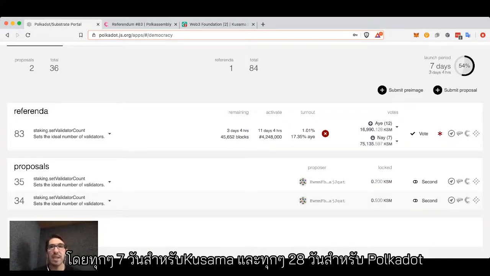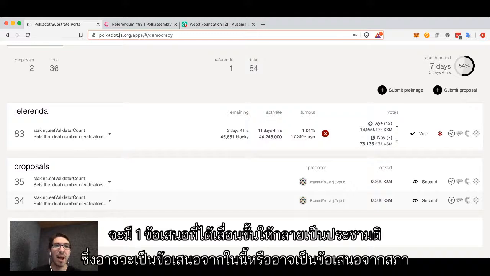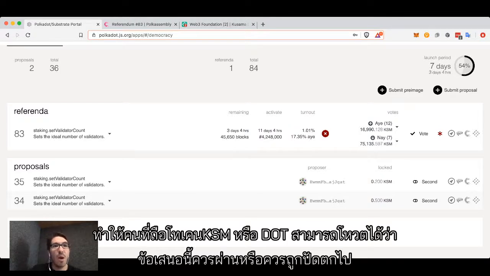And what you will see every 7 days on Kusama or every 28 days on Polkadot, one of these proposals becomes a referendum, either one of these proposals or a proposal from the council. At that point, the combined stake of the community, so all the Kusama or all the DOT, are able to vote on whether or not this proposal should take place.